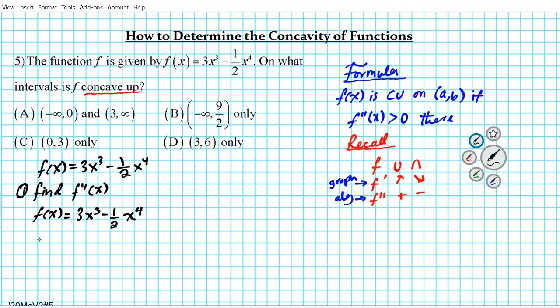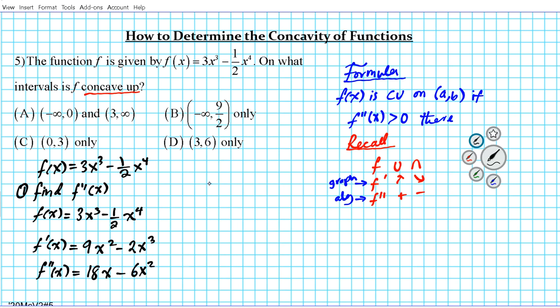So the first derivative, f prime of x, is 9x squared minus 4 over 2, which is just 2x to the third power. Now we're going to differentiate again, applying the power rule. So the second derivative is 18x minus 3 times 2, 6x squared.